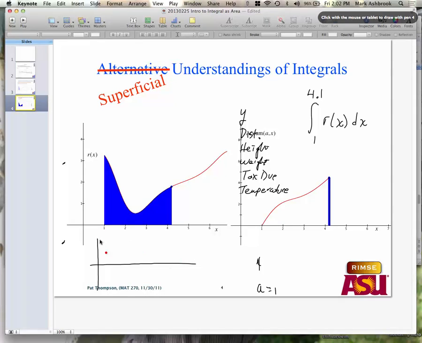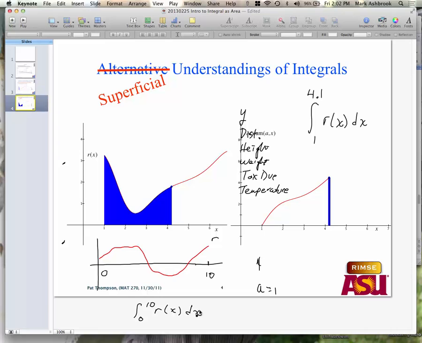So here's our rate of change curve, and this is R. Suppose we want to talk about the integral from 0 to 10 of r of x dx. So we've got that red rate function, and this expression, the integral from 0 to 10 of r of x dx.